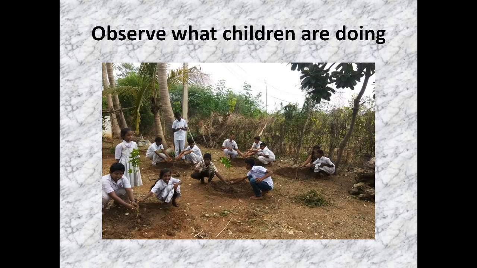So I'll start a discussion and I will ask the children about the different parts of a plant, and I'll come to the point of roots, and then I will show some plants to the children, pictures of some plants like banyan, neem, tamarind, rose, paddy, jowar and maize.